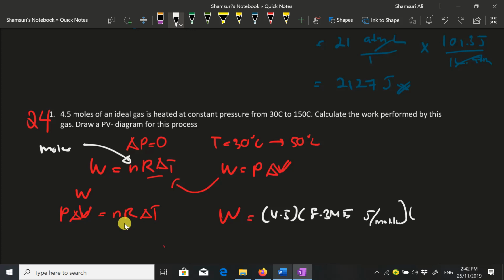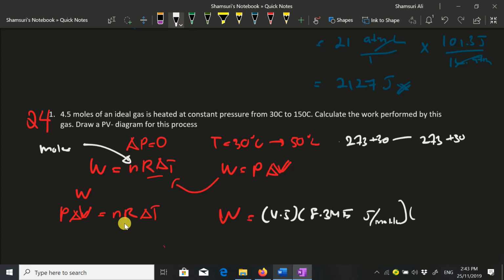So then we have another one, the temperature change, inside the Kelvin, so it's something like 273 plus, 273 plus.